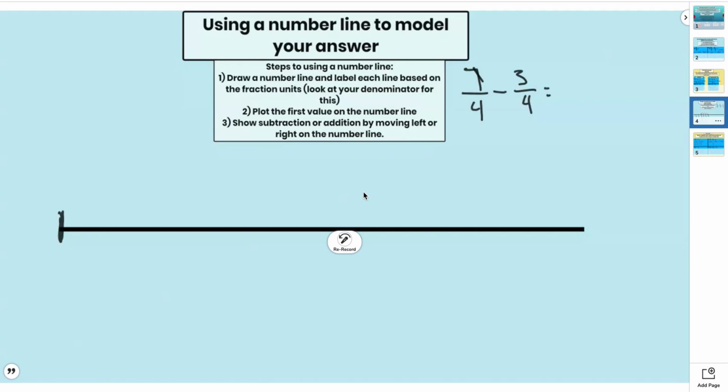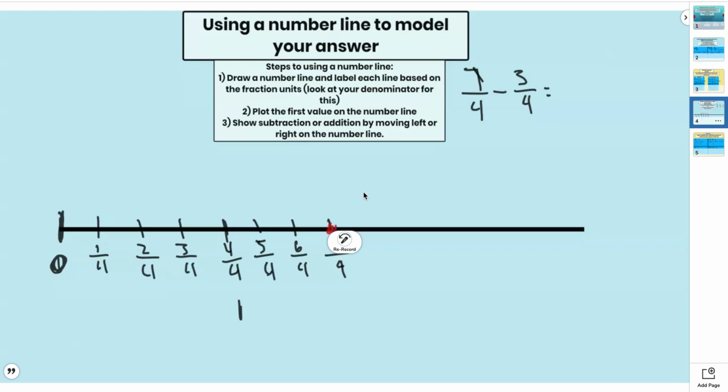So we're starting out with 0, 1/4, 2/4, 3/4, 4/4, or 1, 5/4, 6/4, 7/4. Since I know I'm going to subtract, I don't need to go past 7/4.